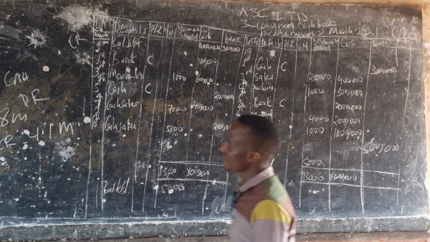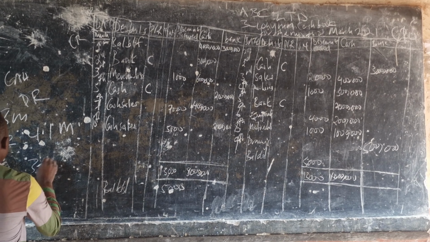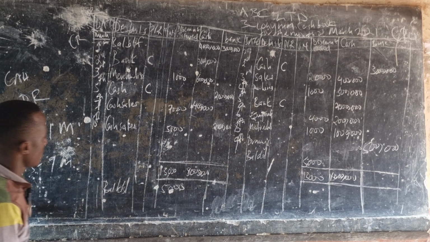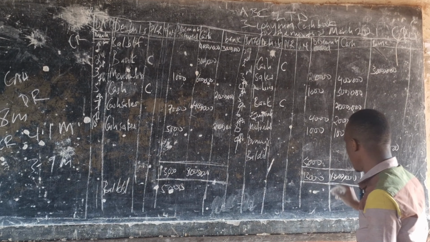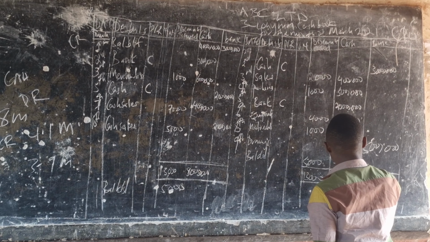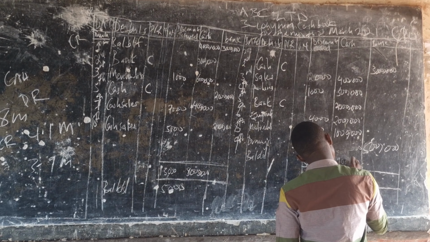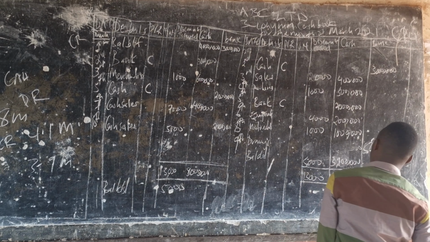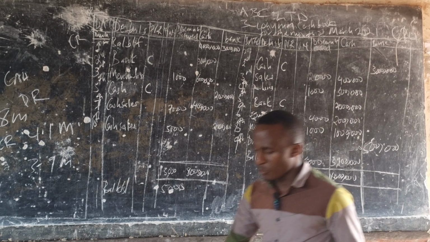And then get the difference. 8 million minus 4.1, that is around 3.9 million, which is going to be our balance carried down figure, 3.9 million. Hence the cash columns on the debit and the credit side are balanced off correctly.